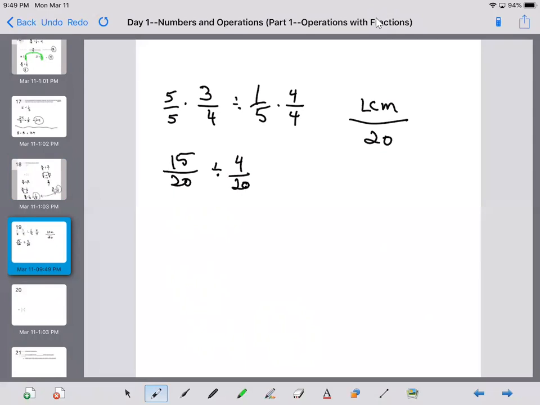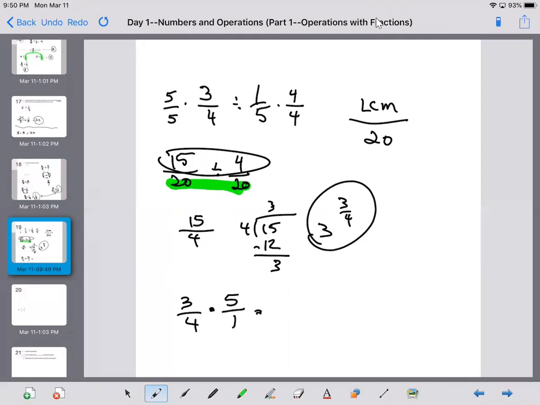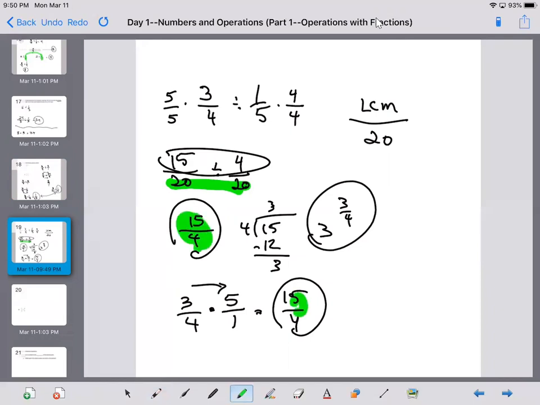So now that I have the same denominators, I would just look at the numerators and say 15 divided by 4, which would divide 3 times. So it would be 3 3/4. Or I could take 3/4 and multiply it by the reciprocal of 1/5, which would be 5. And then I could multiply and get 15/4. Notice I'm going to get the same answer as before.